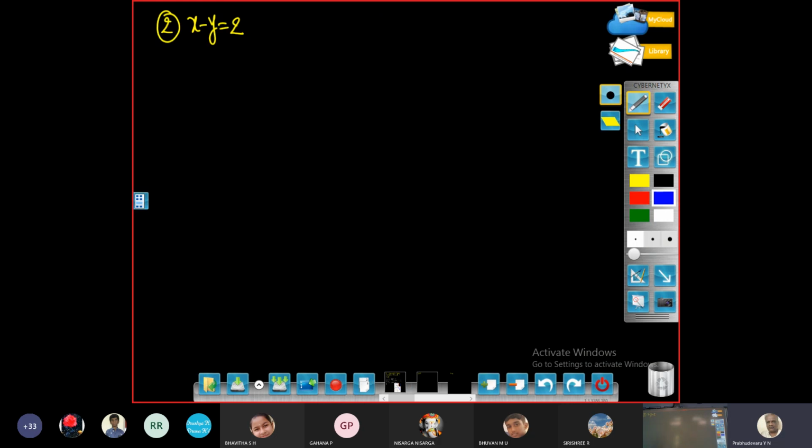This is x minus y is equal to 2. So just draw the line. Minimum 2 points are required, you can do 2 or 3. So here, x value and y value. Tell me what value we will take here?